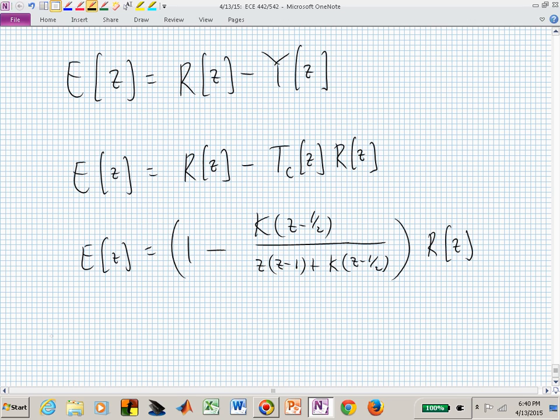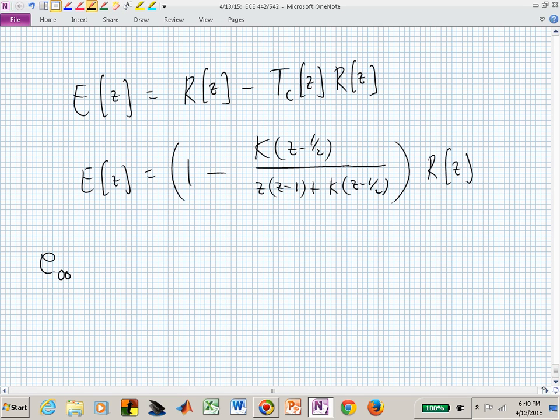If we want to know what the time domain steady state error is, that's little e at infinity, which is the limit as n goes to infinity of e of n. But in the z domain, that's just the limit as z goes to 1 of z minus 1 times e of z.